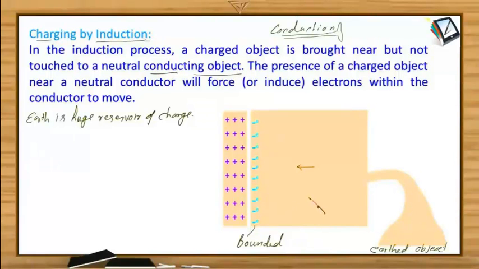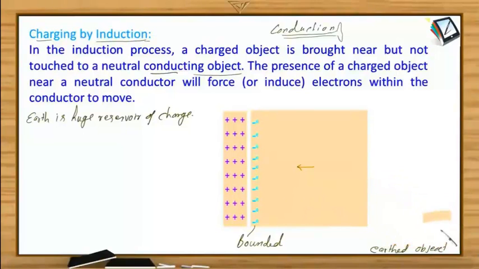So what will you do? We'll first remove this earthed object in the presence of the charged body, so that this object does not allow these electrons to flow back to the earth. And when this is disconnected, after that you remove the charged object from here, and now these electrons will distribute inside this metal uniformly and we will get a negatively charged object like this.